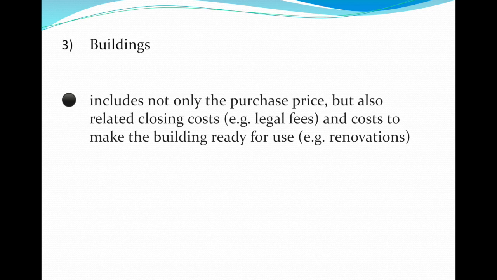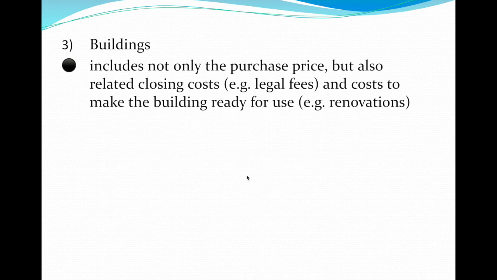Okay, buildings. So this includes not only the purchase price, but also the related costs in getting it. Hopefully you guys are seeing a pattern by now. With real estate, there's always legal fees involved, particularly with large buildings. The purchase of them and the sale of them is much more complicated.